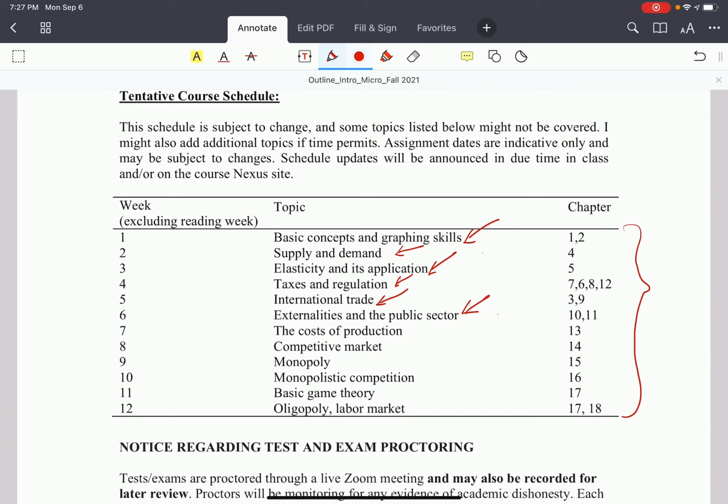And all these several sections are based on the understanding of supply and demand. So I have to say that it's really important to understand supply and demand. And if there is only one takeaway you want to get from this class, I would say it's about supply and demand.